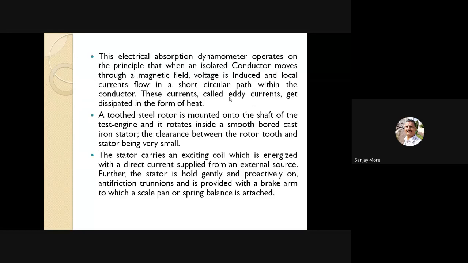Here, write down this: the electrical absorption dynamometer operates on the principle that when an isolated conductor moves through a magnetic field, comma, voltage is induced and local currents flow in a short circular path within the conductor.